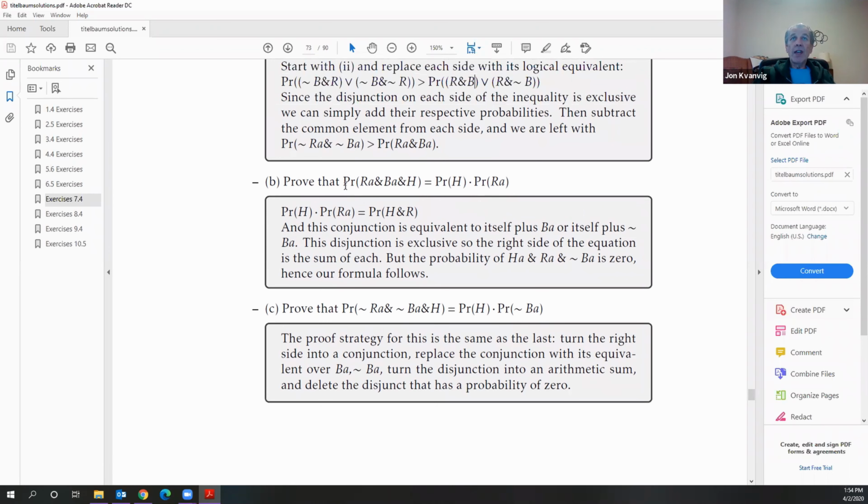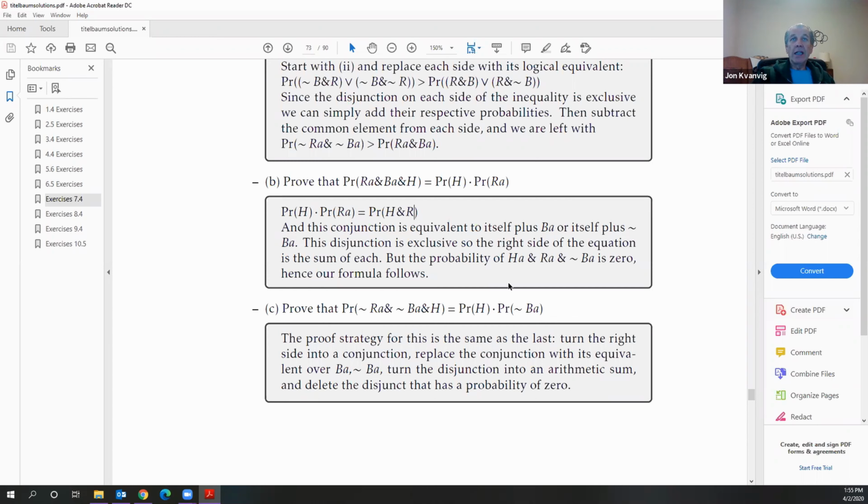All right, prove that the probability of RA and BA and H is the same thing as the probability of H times the probability of RA. All right, so we know that the probability of H times the probability of RA is the same as the probability of H and RA.